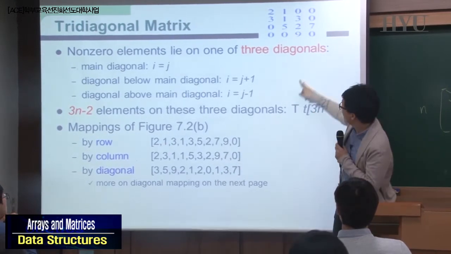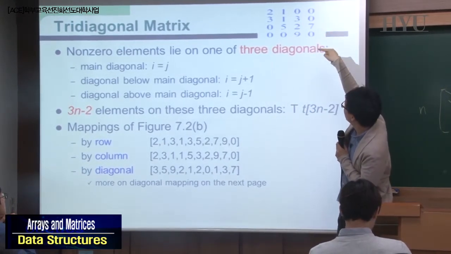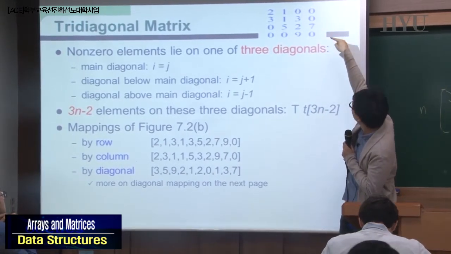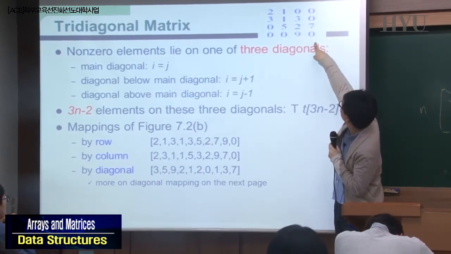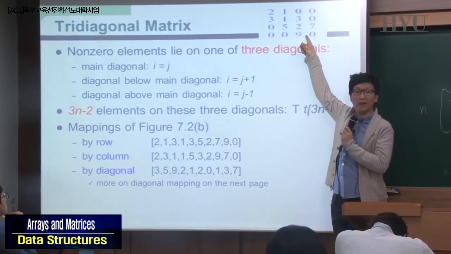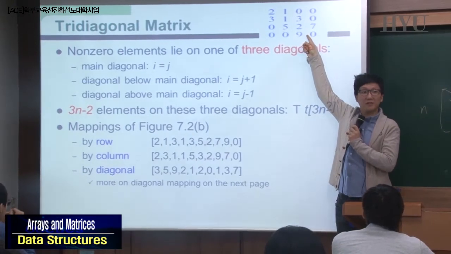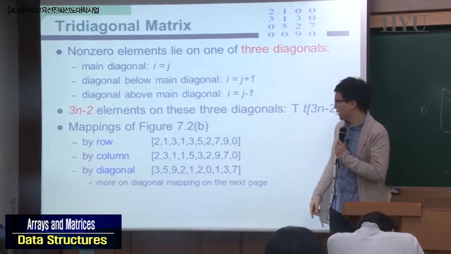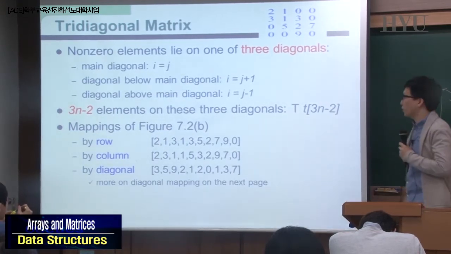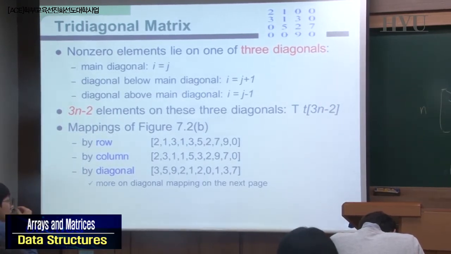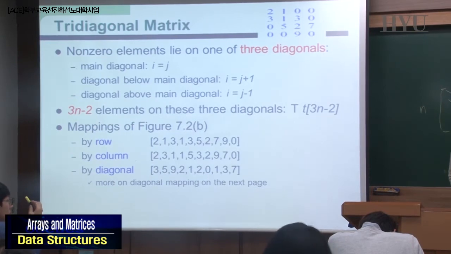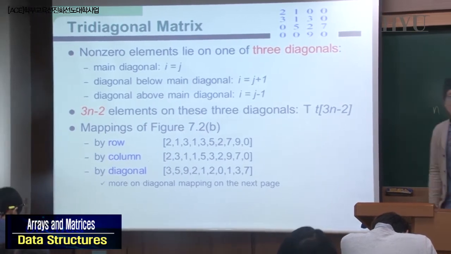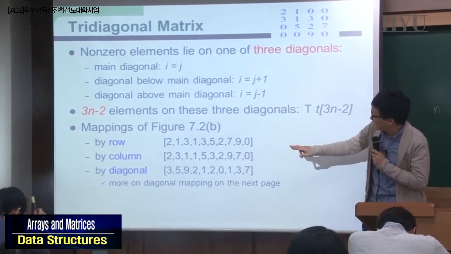Column way is 2, 3, 1, 1, 5, 3, 2, 9, 7, 0. This one I need to store 0 because this is data. So diagonal, I don't care. There are other ways of storing the information. If we look at it, they actually store in the diagonal major ordering in 359.